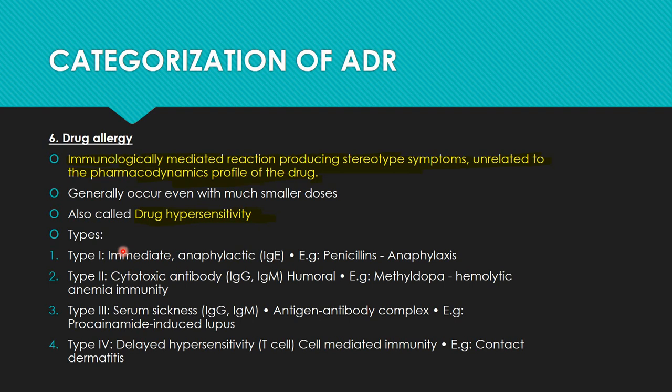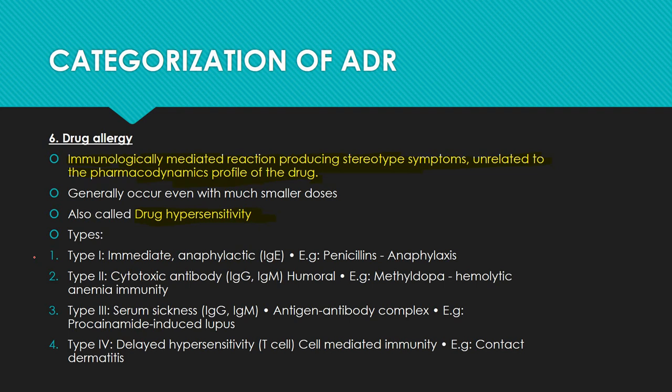So here we have cited a few examples. Allergy is basically of 4 types, that is type 1, type 2, type 3 and type 4. Based on this, I have divided it into 4 types with their characteristics, that is immediate anaphylactic, cytotoxic antibody, then serum sickness, then delayed hypersensitivity. Based on all this, I have made the following classification.